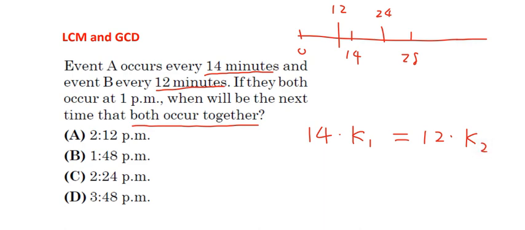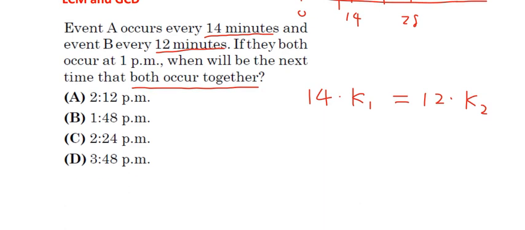So k1, k2 are some integers. So we just try to find the smallest k1, k2. Okay. So let's simplify this. Let's say that 7 multiply k1 equals 6 multiply k2. So we can say the smallest k1 equals 6, right? And k2 equals 7. So we just pick k1 equals 6.